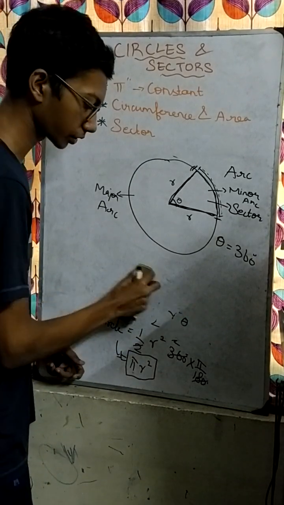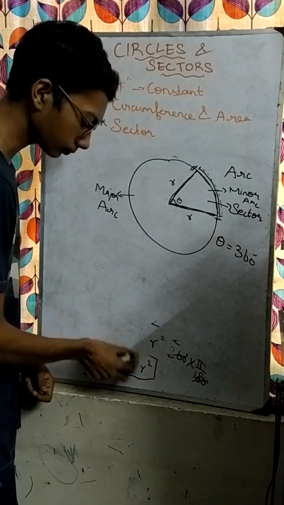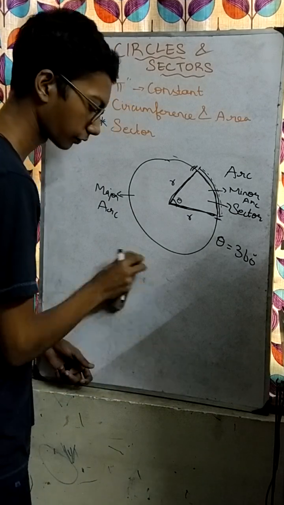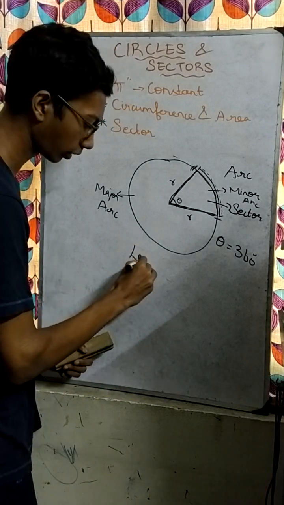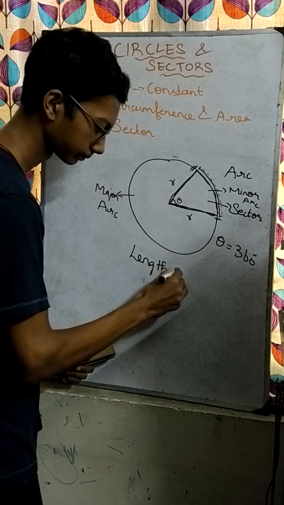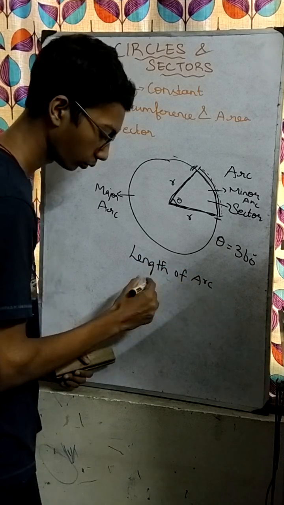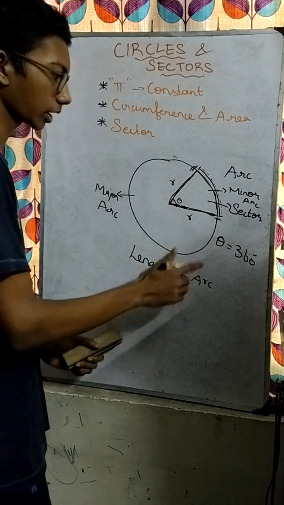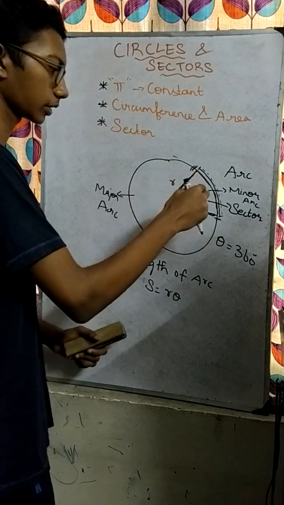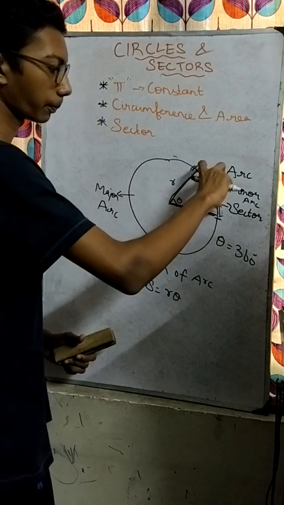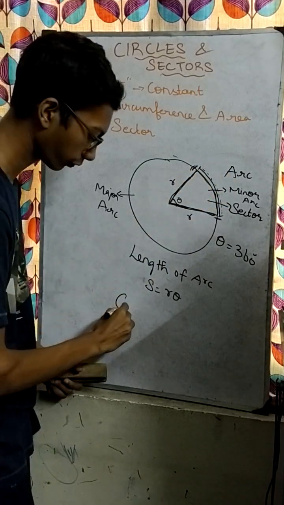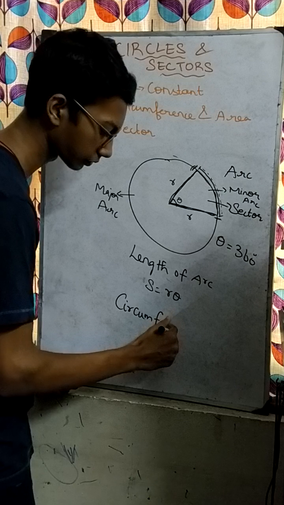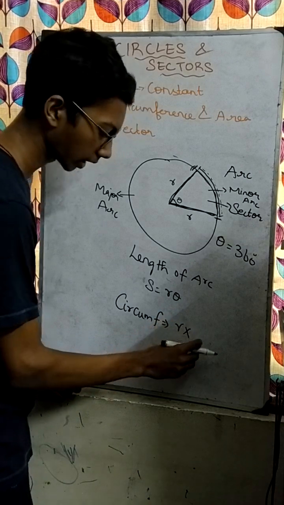Now another interesting thing is the length of the arc. That is S equals r theta. From this we can find the circumference of the circle because the arc is a part of the circle. So for finding the circumference, just utilize this formula, that is r times theta.